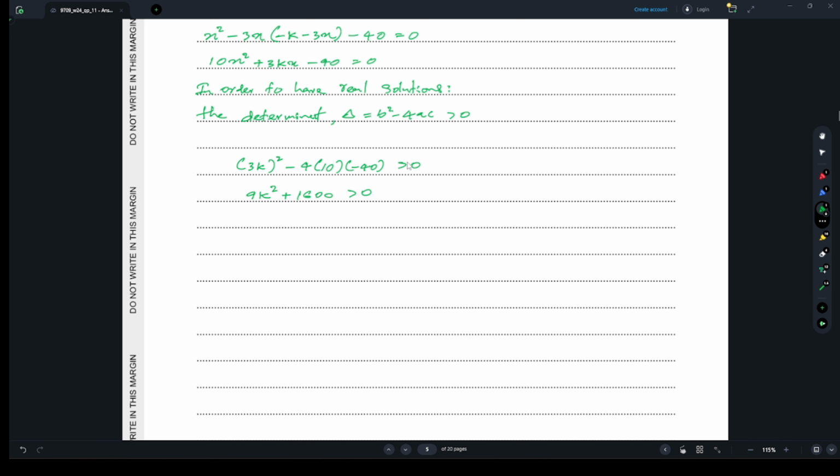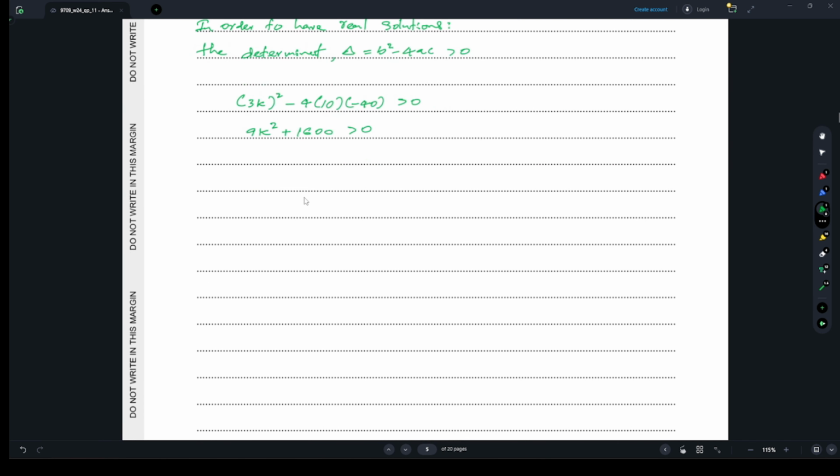Now how can you solve this one? There is no need to solve it, because 9 is positive, and k squared, we don't care whether the value of k is negative or positive; we are taking the square, so it is positive. Therefore 9k squared is positive.